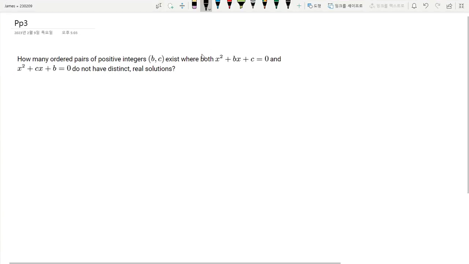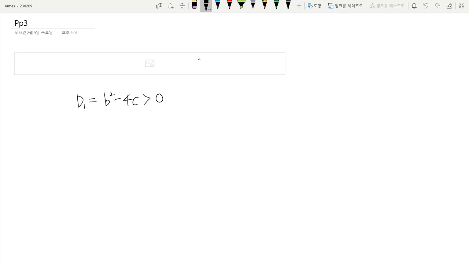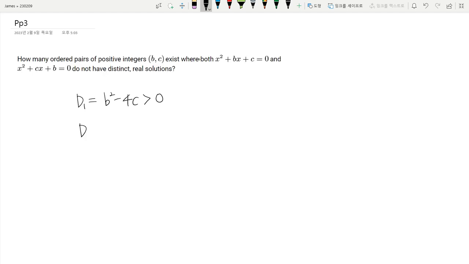So from the first equation, the first discriminant is, and for the second discriminant, let's make this inequality using Desmos.